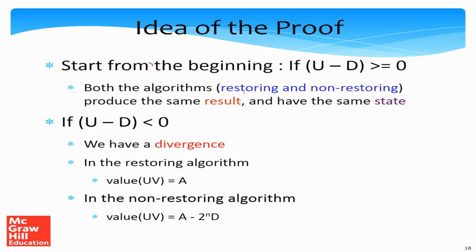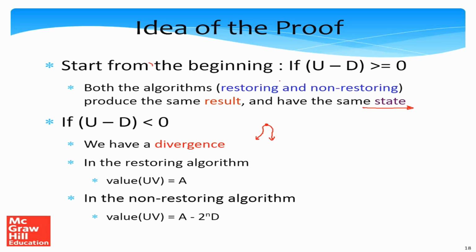Then both the restoring and non-restoring algorithms will produce the same result and we'll have the same state. Now assume that u minus d is less than 0. The way the proof goes is that we are trying to say that our results will be the same as that of the restoring algorithm. Since the restoring algorithm is correct, we are also correct.